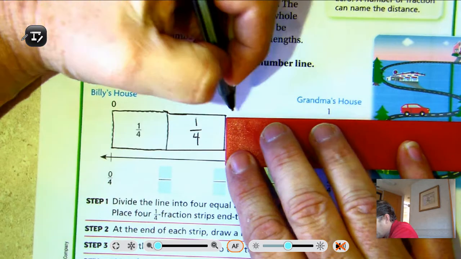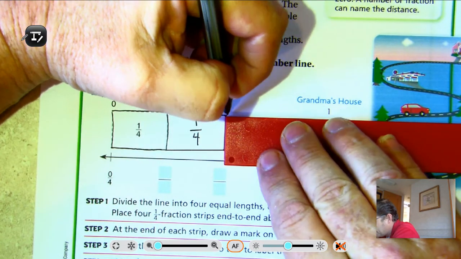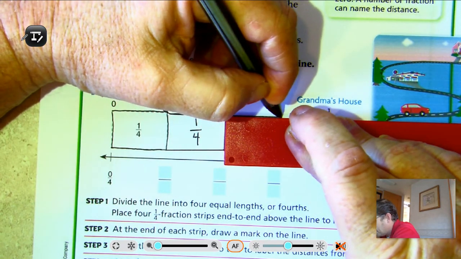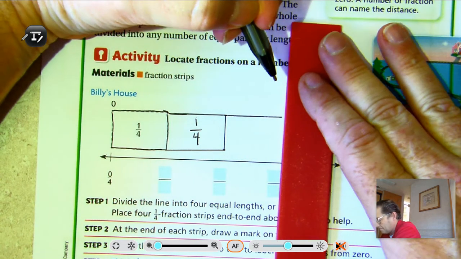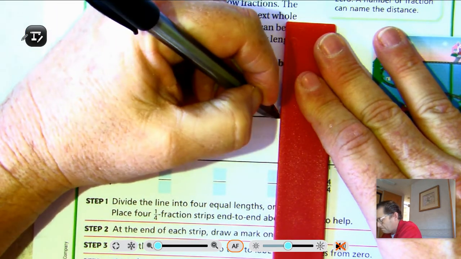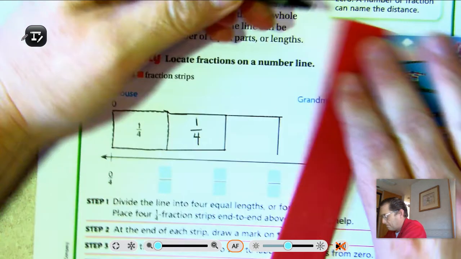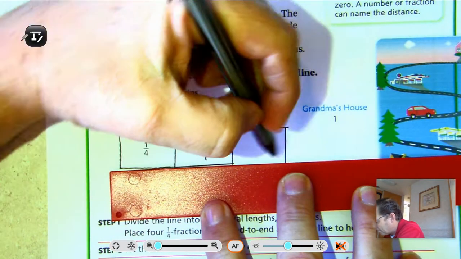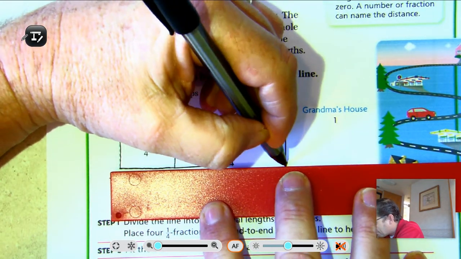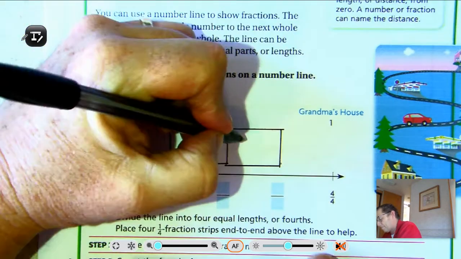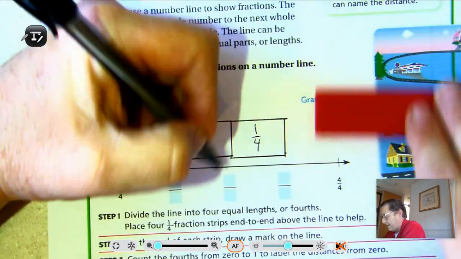I'm going to draw another 1/4. And finish it.